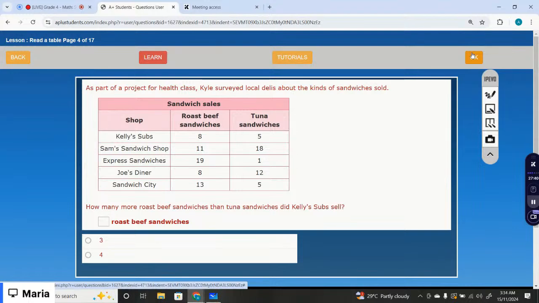As part of a project, he surveyed local delis about the kind of sandwiches sold.